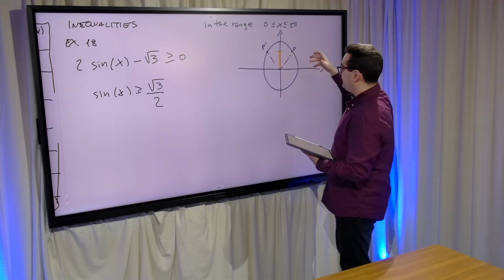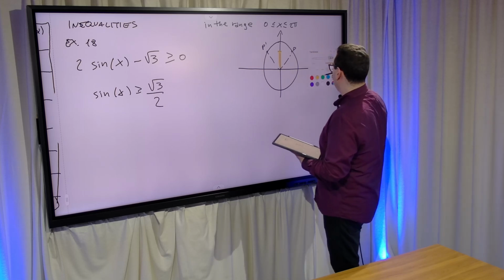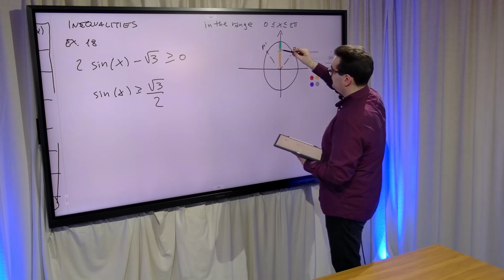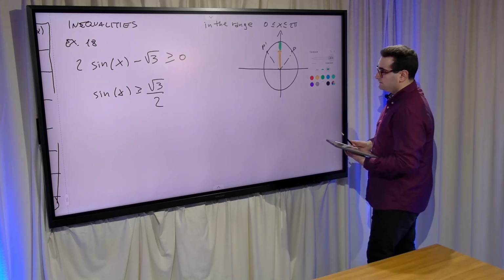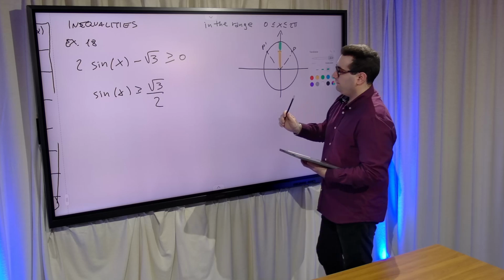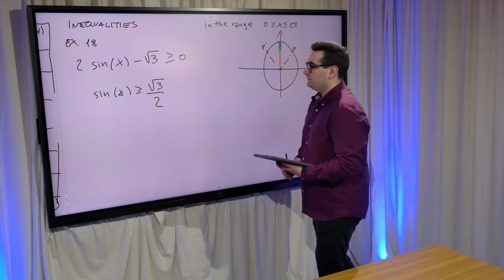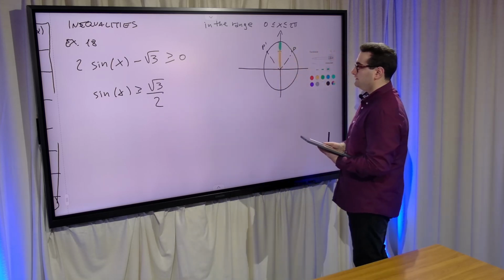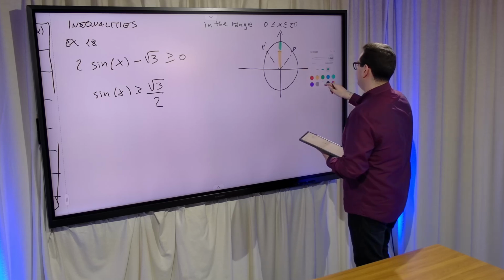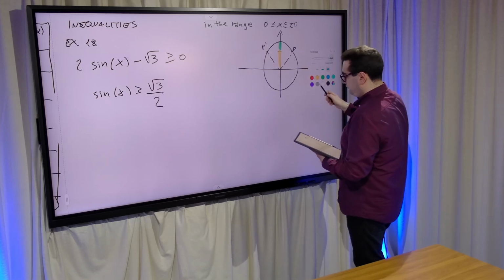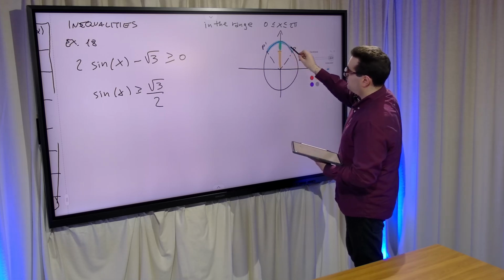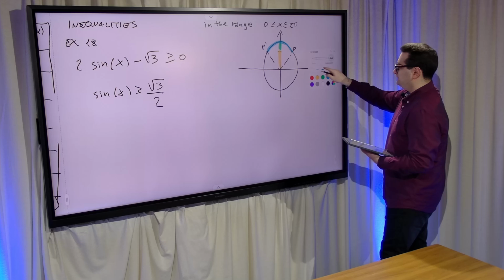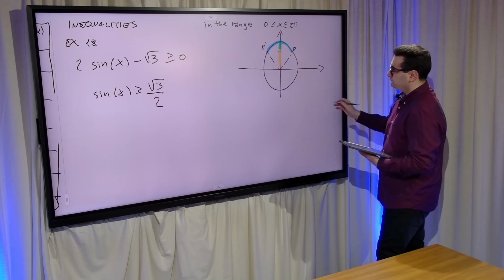So I'm looking for this part. But the equation wants the angle of this sine function. So I'm looking at this arc on the circle.